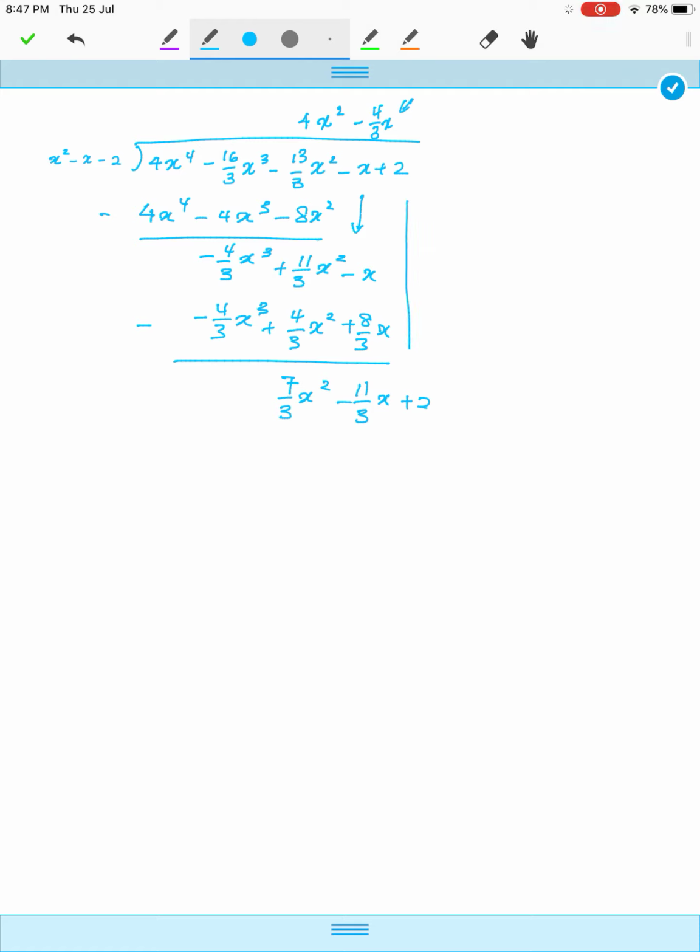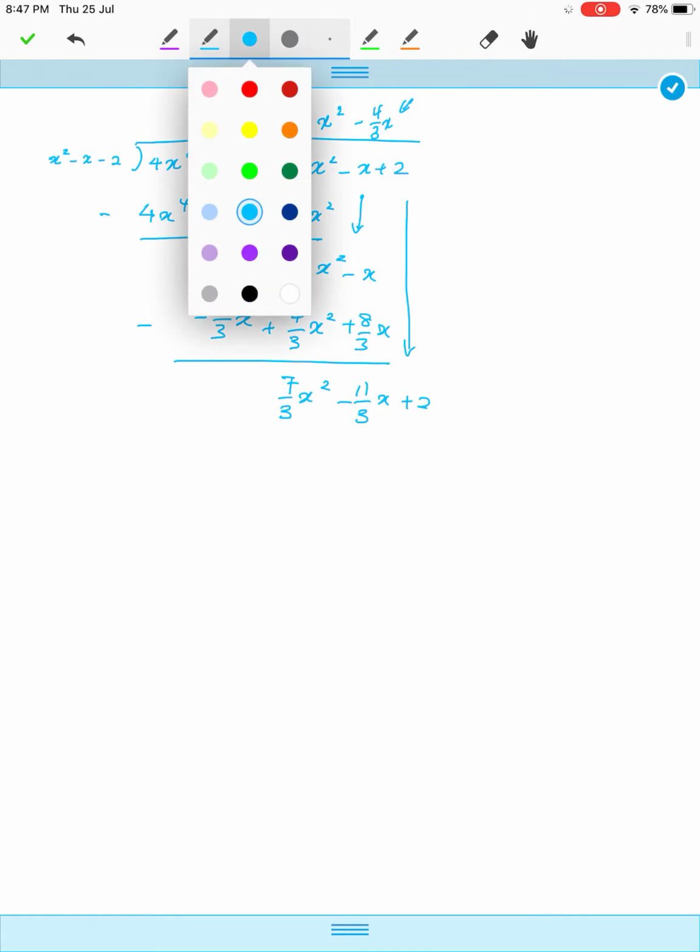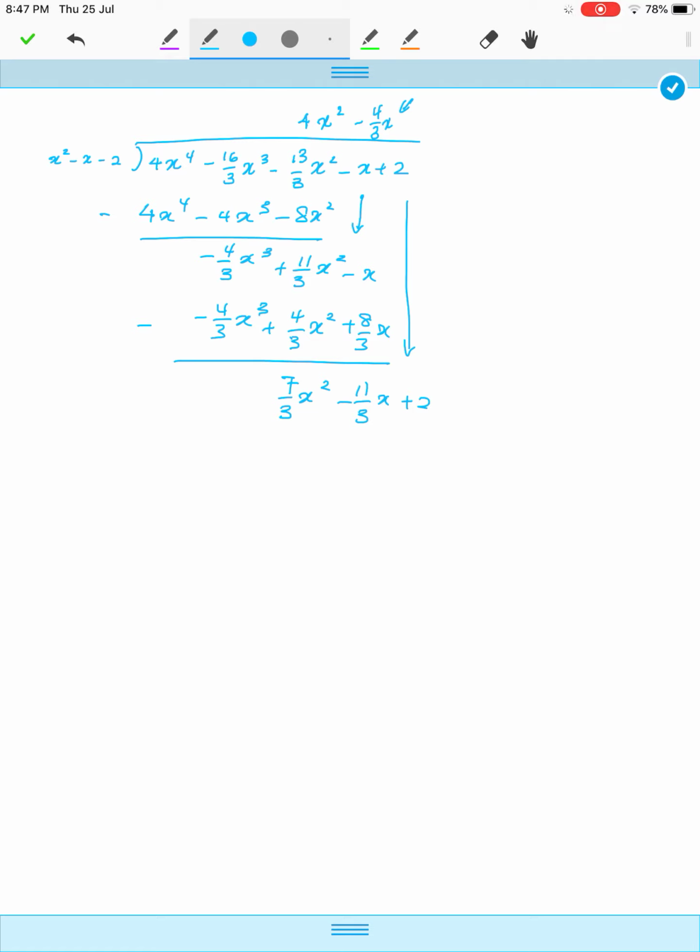Now the 2 comes in. So again, in order to get rid of this, you have to multiply by the same value, so you should multiply by plus 7 over 3.